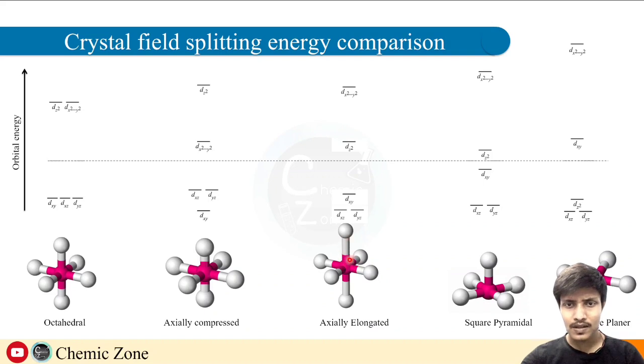Then the dz square orbital will be highly stabilized, and it will come down to that position, and this will come up to that position. The dx square minus y square orbital will be even higher in energy, that is, more destabilized, and dxz and yz will be lower in energy. So these are all the cases of octahedral complexes.